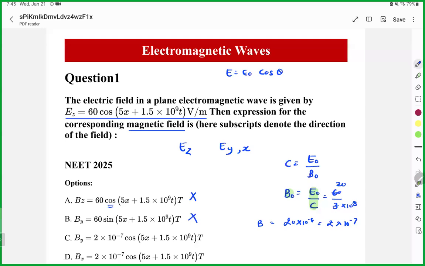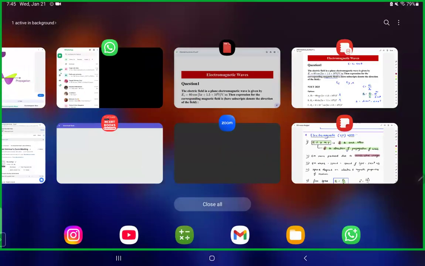Correct. Now you have to identify which direction it will be in. Electric field and magnetic field are present in the same phase. Did I write that? It was there.